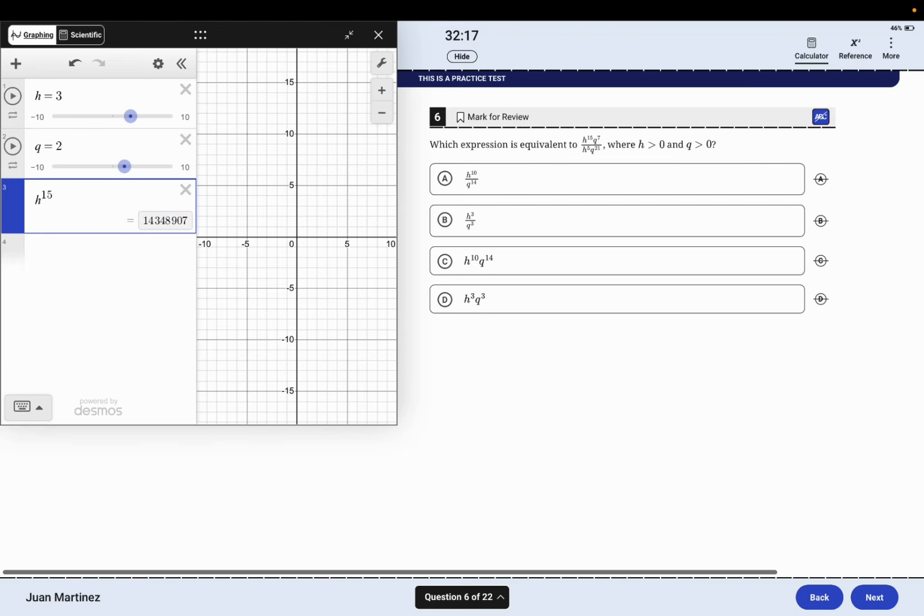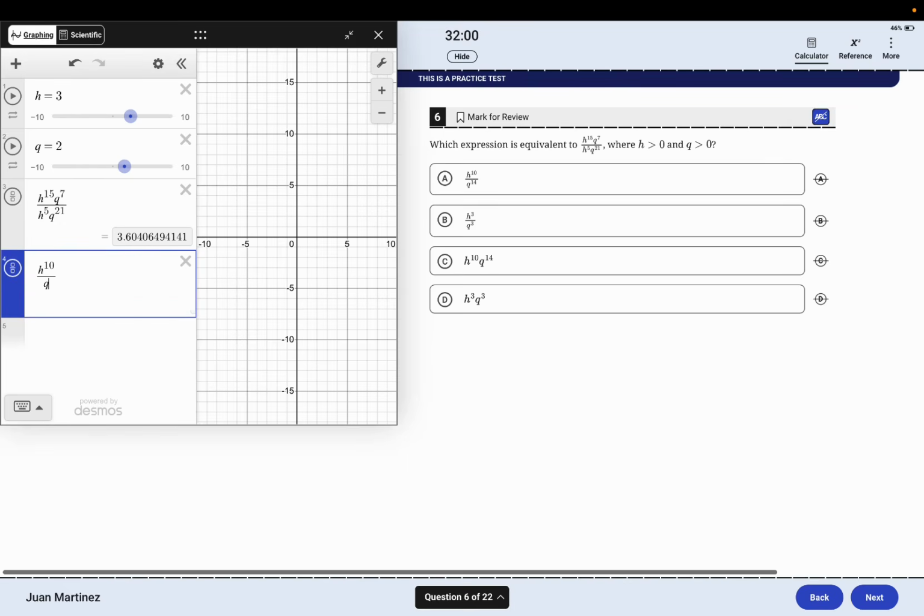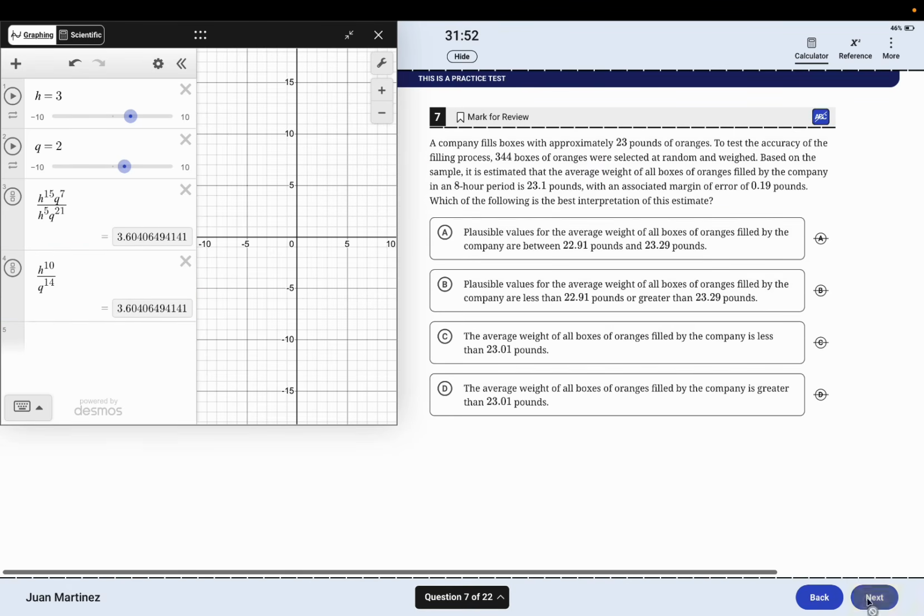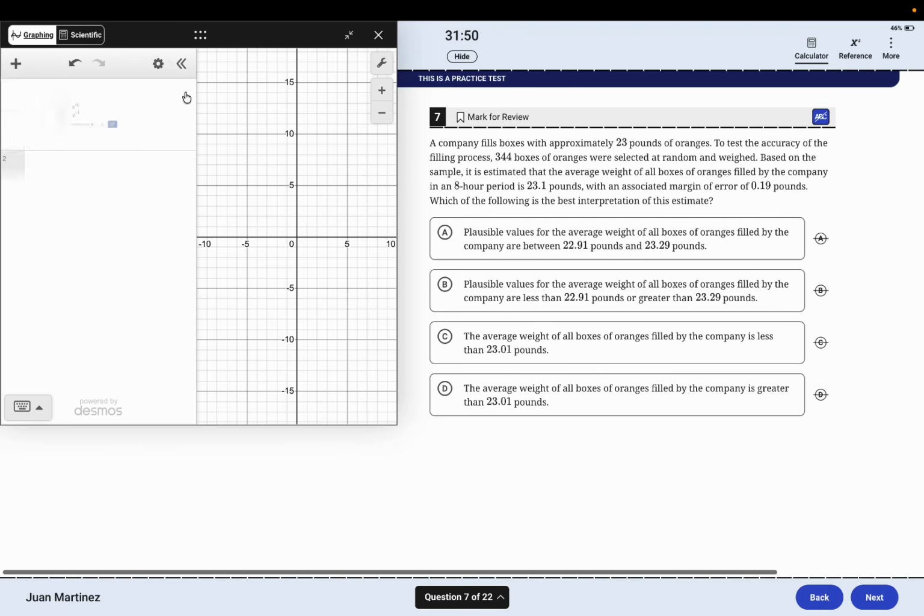So now let me express this equation. This is all over this. And so we get this answer. Now we need to check all of these. And whichever one is equal to this is our answer, because they're equivalent, right? Q14. Oh, okay. It's A. I did not expect it to be that fast, but yep.